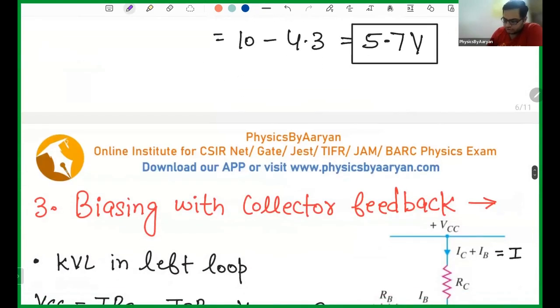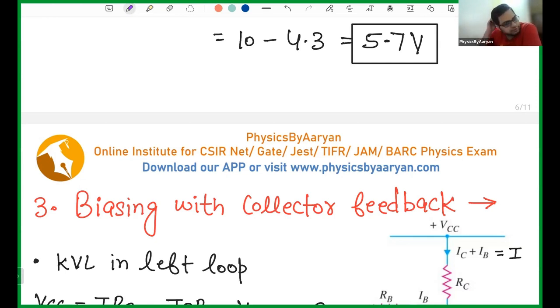Okay. So this was based on the two methods we studied above. In both of those methods, the stability factor was very bad, so we have to improve on that. The next two methods which we are going to cover have a little better stability factor, so these are the better stability methods. But these methods are difficult to achieve.